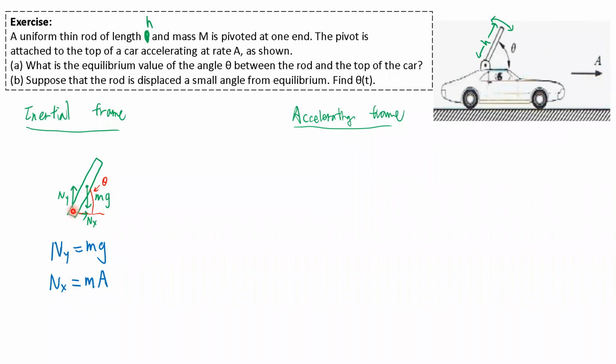Because if you take the reference point here, the only torque you get is due to this mg, and that is a non-zero torque. But we are considering the whole thing not rotating, not having any angular acceleration. So therefore, you can only take this point when you take the torque.